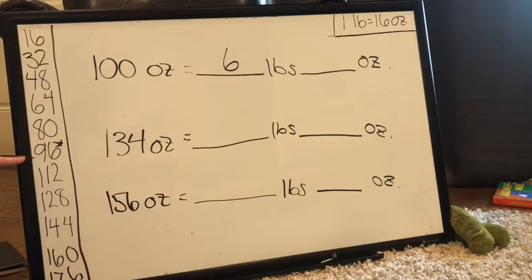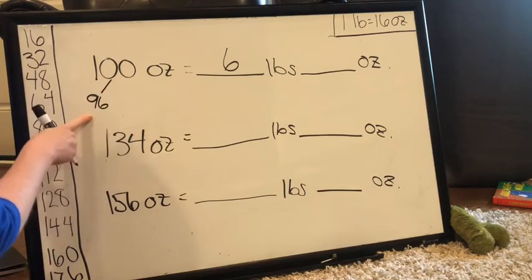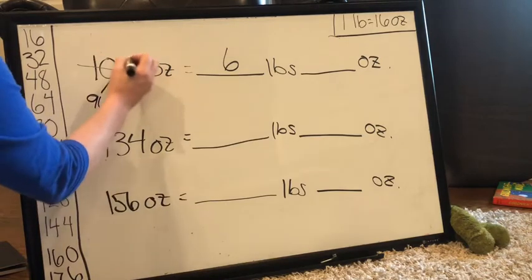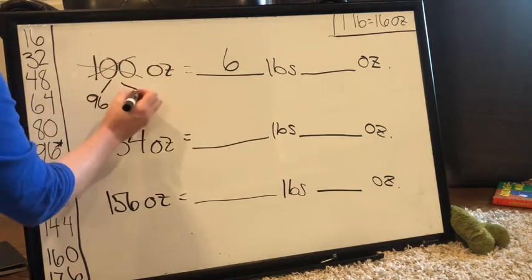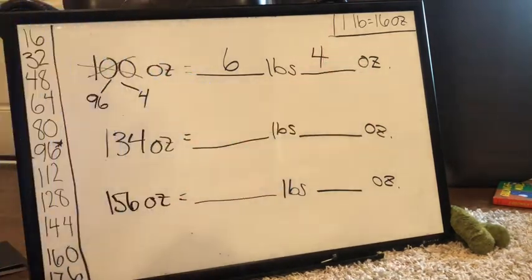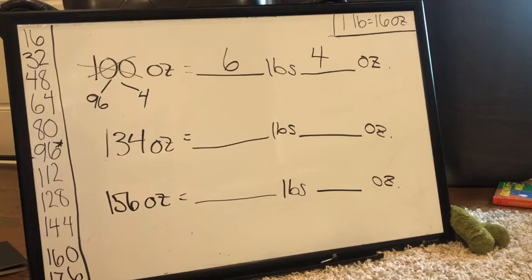I start with 96 to make sure that we're really paying attention to that 96, because we have taken care of 96 of 100. So what's the difference between 100 and 96? 4. Okay, 6 pounds, 4 ounces. All right, scholars, I'm going to have you pause your device in just a minute.